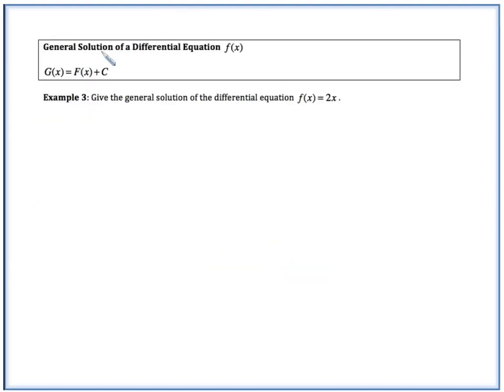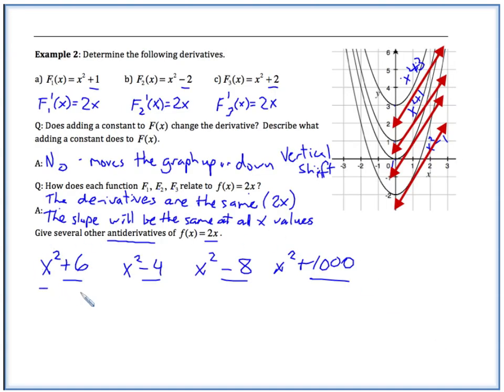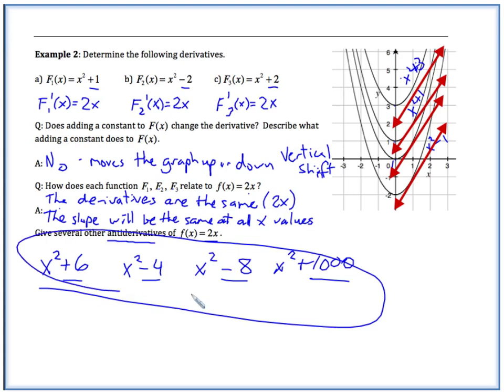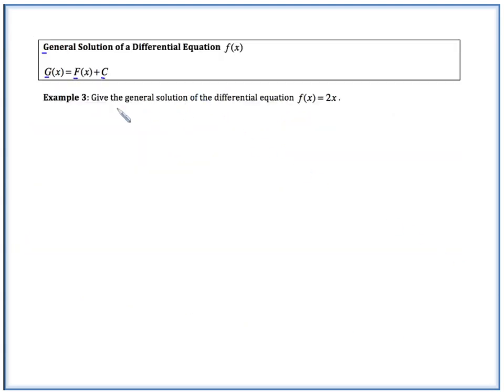So we're going to talk about a general solution of a differential equation now, f of x. And we're going to call it capital G of x, and the G, of course, stands for general solution. So capital G of x is just going to be capital F of x plus c. So instead of writing all of these other antiderivatives right here, we're actually just going to write a general answer for the antiderivative.